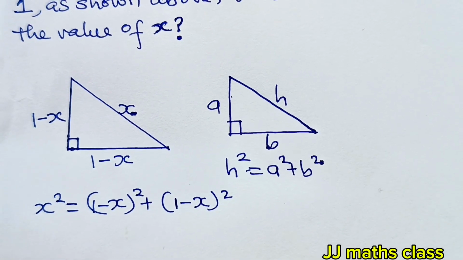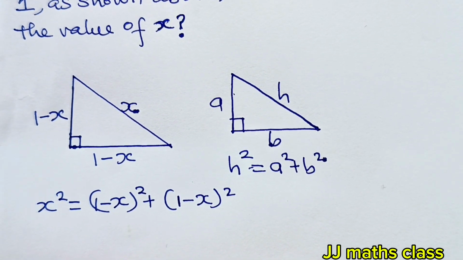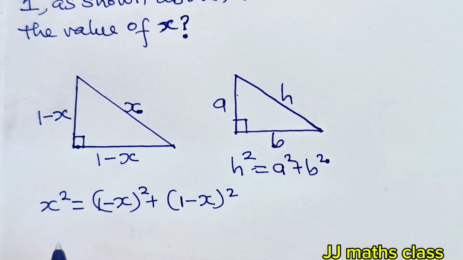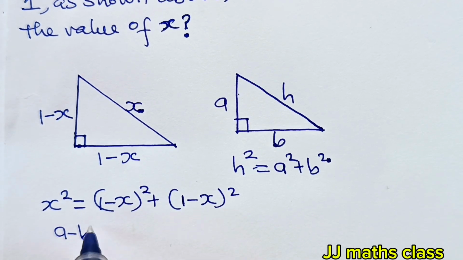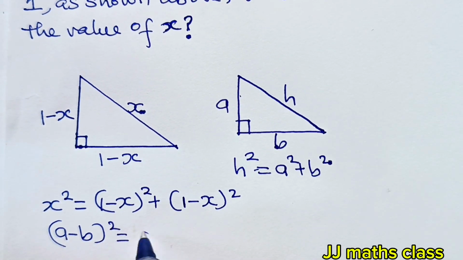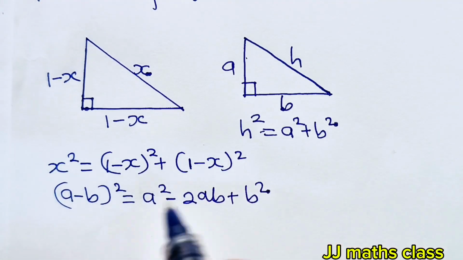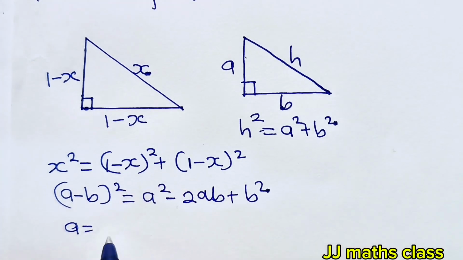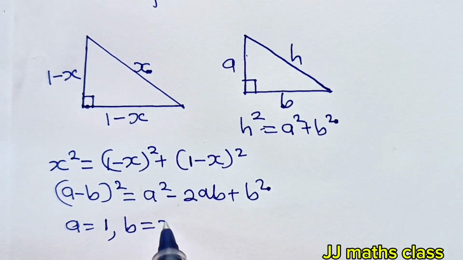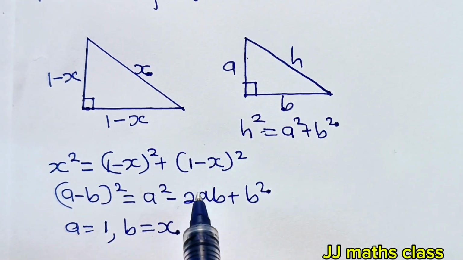Right? Okay. Now, remember that (a minus b) all squared is equal to a squared minus 2ab plus b squared. In our case, our a is equal to 1 and our b is equal to x. So let's expand.